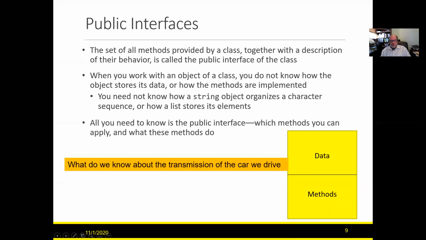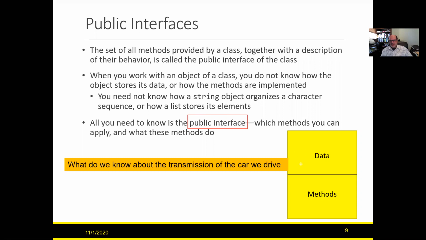So the idea over here, when we are talking about information hiding, when we are talking about public interface, is that these are the methods that are able to access our data.